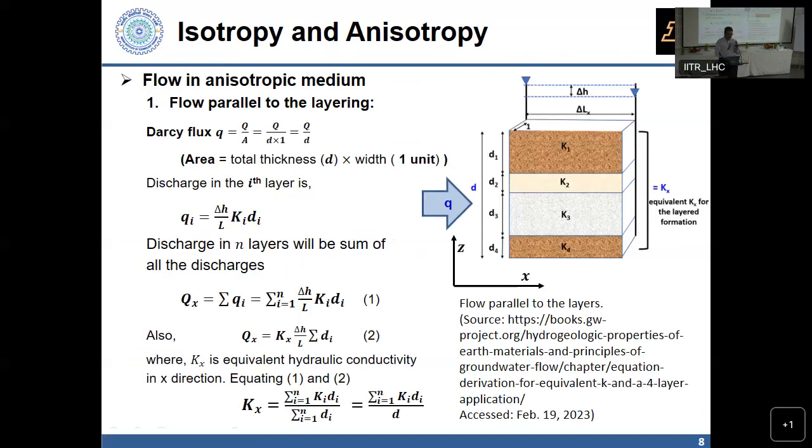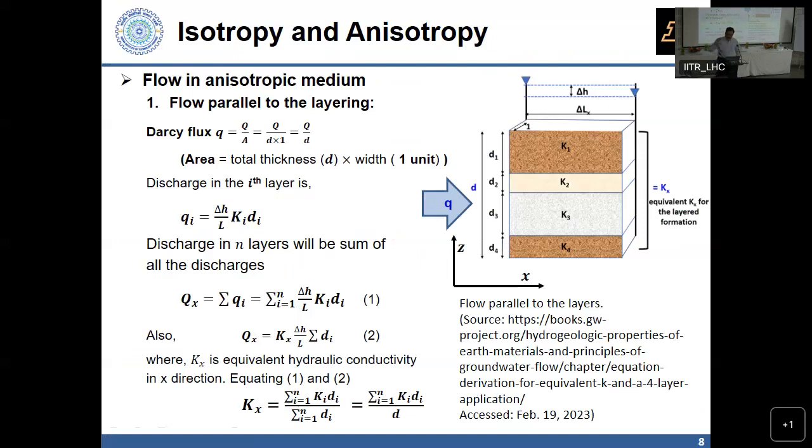Now, I'm applying Darcy's law throughout this porous medium with all these layers in the horizontal direction, the X direction. I'm measuring the piezometric head of water throughout the thickness at a certain location here, and at some distance delta Lx away, I'm measuring the piezometric head. There is a fall in piezometric head, which means water is moving, in this case from left to right, through all the layers. So this is a case where we have flow which is parallel to the stratification, parallel to the layers.